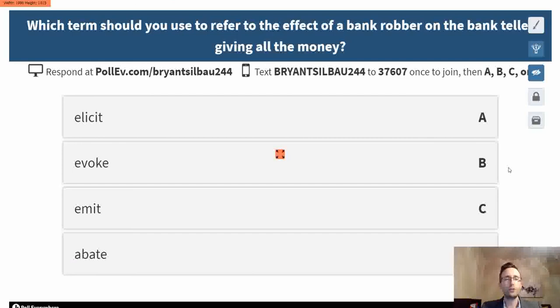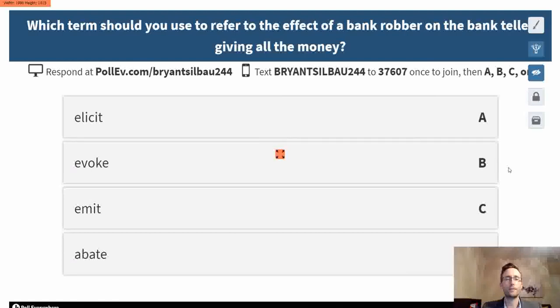Which term should you use to refer to the effect of a bank robber on the bank teller giving all the money to the bank robber? A, elicit, B, evoke, C, emit, or D, abate. The bank robber threatens the bank teller.